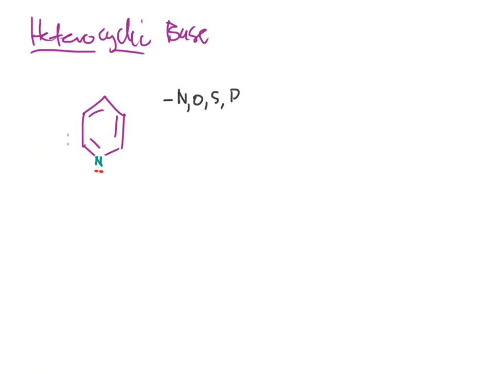Now, this particular setup, a 6-membered ring with a nitrogen and a free set of electrons, this is our pyridine model. Pyridine is going to be a reagent that you will probably talk about in organic chemistry.